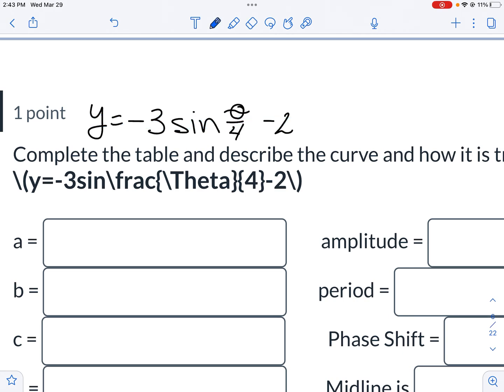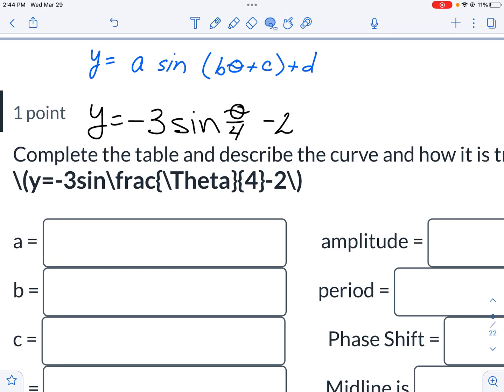The parent, what you have in your notes, is y equals a sine parenthesis b theta plus c plus d. And your first thought is, well, this problem really doesn't look like that.